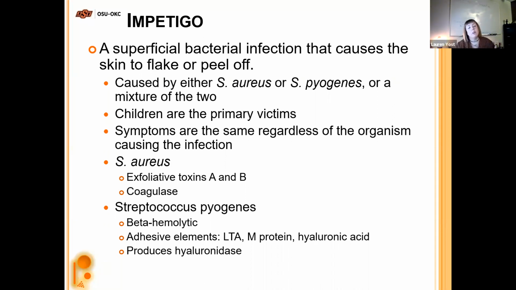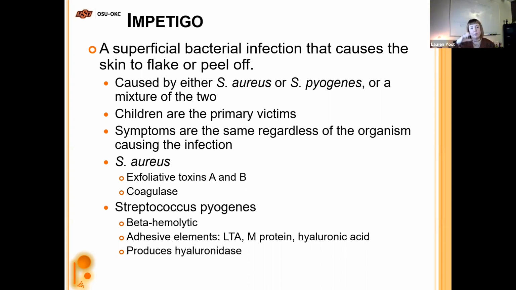Now remember, Streptococcus pyogenes, we had talked about in another chapter, how it is beta hemolytic and causes clearing around it in the blood agar, right? So it has hemolysis factors. It also has these adhesive elements that allow it to stick to the cells a little bit better. Those are virulence factors, yes.